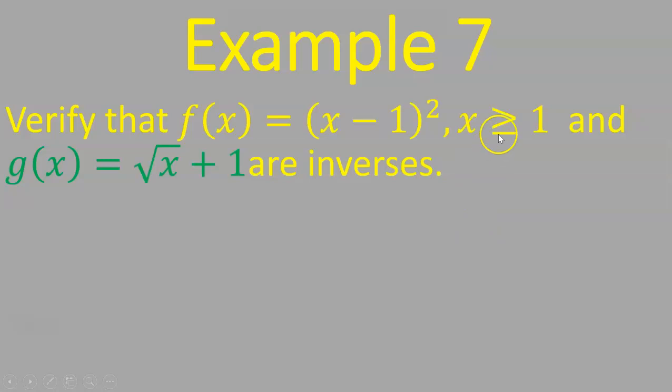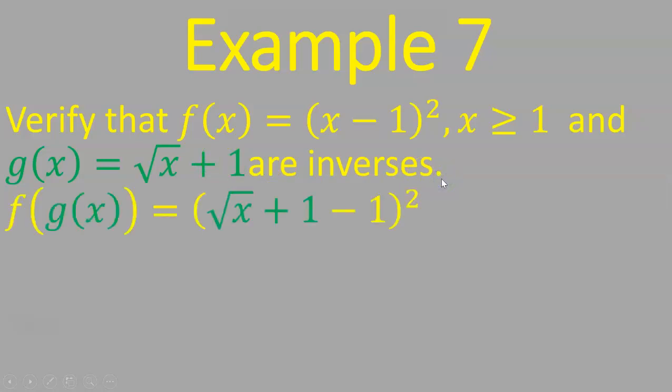Notice here that though you are allowed mathematically to have, say, 0, for example, be put into this function, we restrict the domain so that the inverse right here is okay. Okay, so I put the square root of 1 into that position.